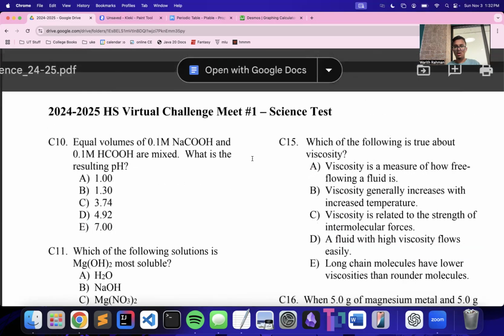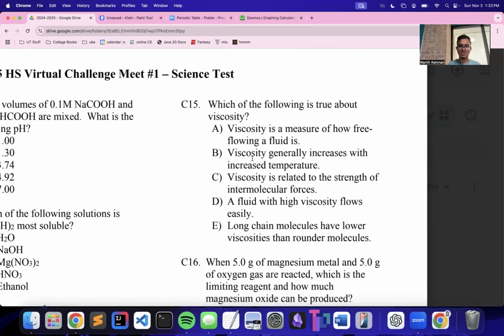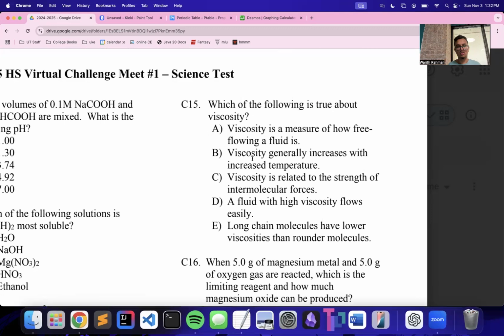Okay. C15, which of the following is true about viscosity? I remember when I first read this one, because I did try to read this a bit beforehand, I did originally want to pick A, but viscosity is not a measure of how free flowing a fluid is. It's actually the measure of the opposite, how sticky or resistant it is.